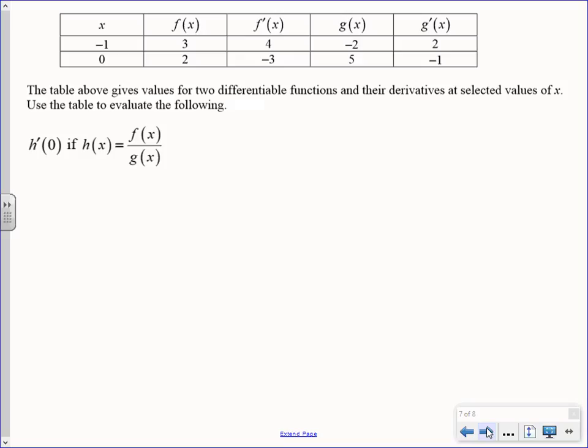So don't feel like you have to copy down the table unless you really, really want to. What's important here is that our H function is F of X divided by G of X. If we want the derivative at 0 for H, what are we going to need to do first?